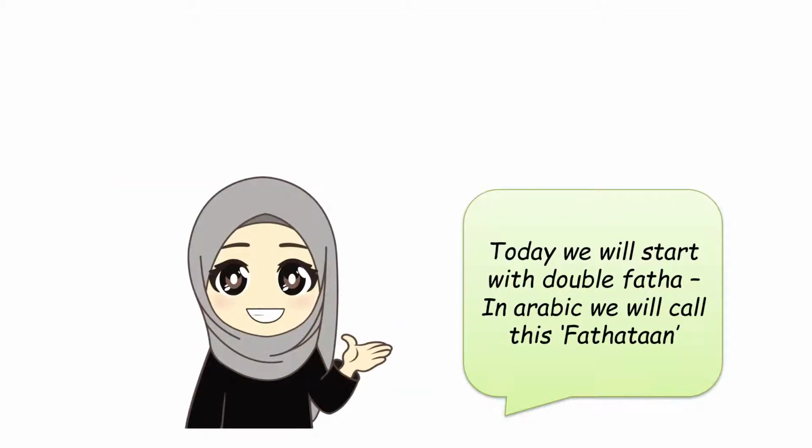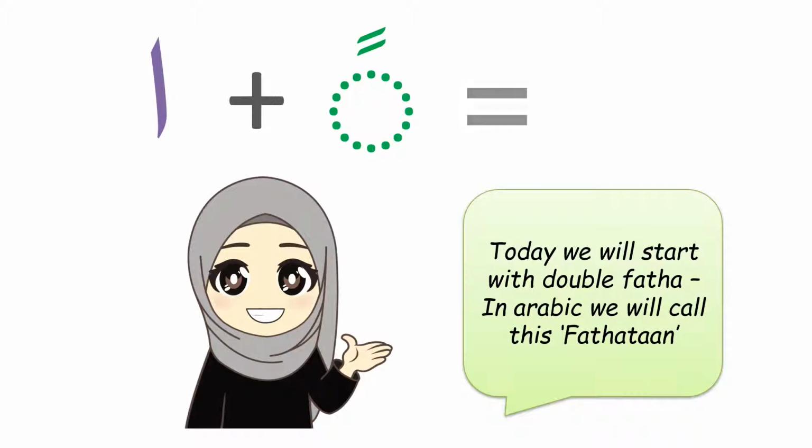Let me explain it with an example. So we have an alif plus the double fatha, Tanween, equals Un. We will look into this in more detail. Today we will start with the double Fatha, InshaaAllah.